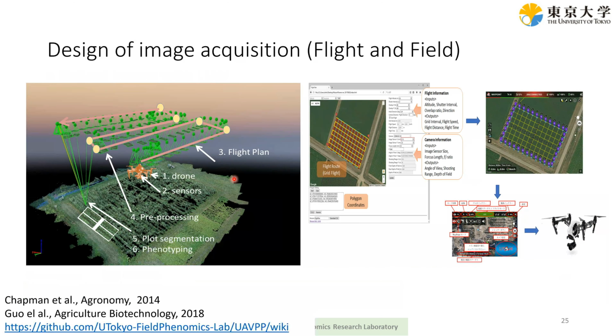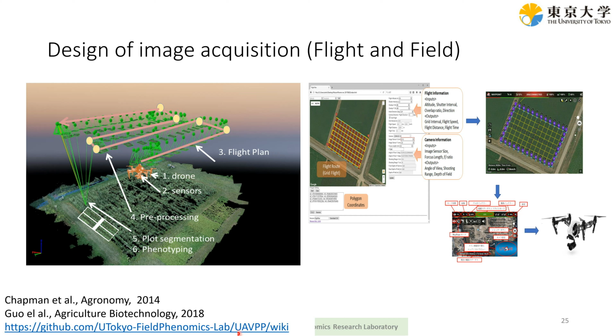Before we start doing the image processing, we need to have a very good pipeline to design the flight and the field experiment suited for this UAV case. I think our previous webinar already introduced a very good solution for this part, so I will skip the details.